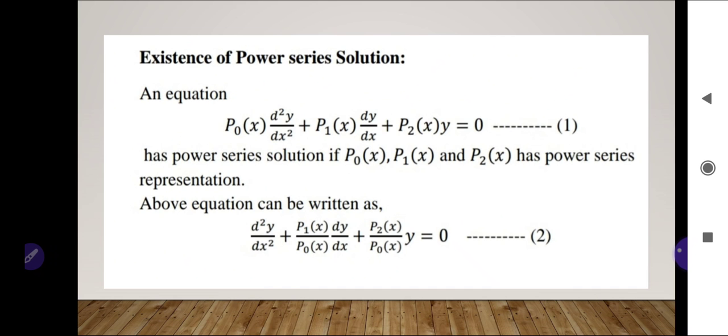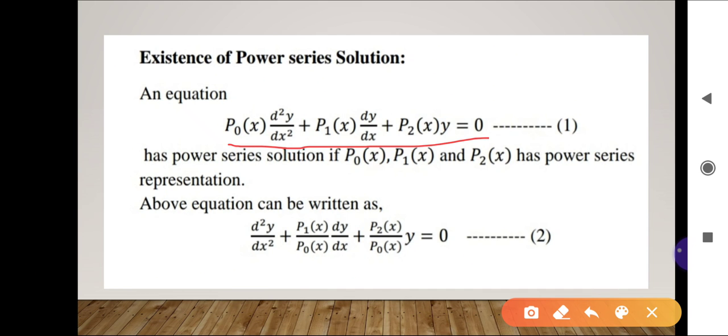Then when does the solution of this power series exist? So the existence of power series solution. Now again consider this second order linear differential equation with variable coefficients. Now this second order equation has a power series solution if this p0 of x, p1 of x and p2 of x have power series representation.